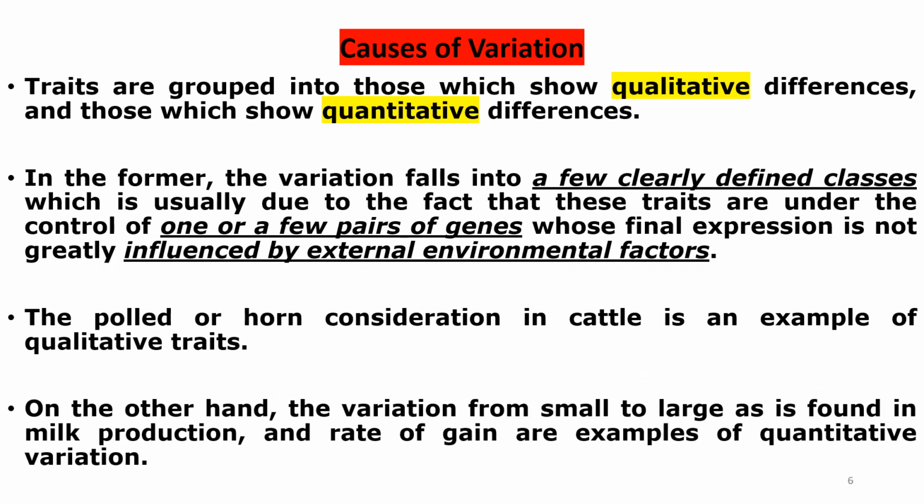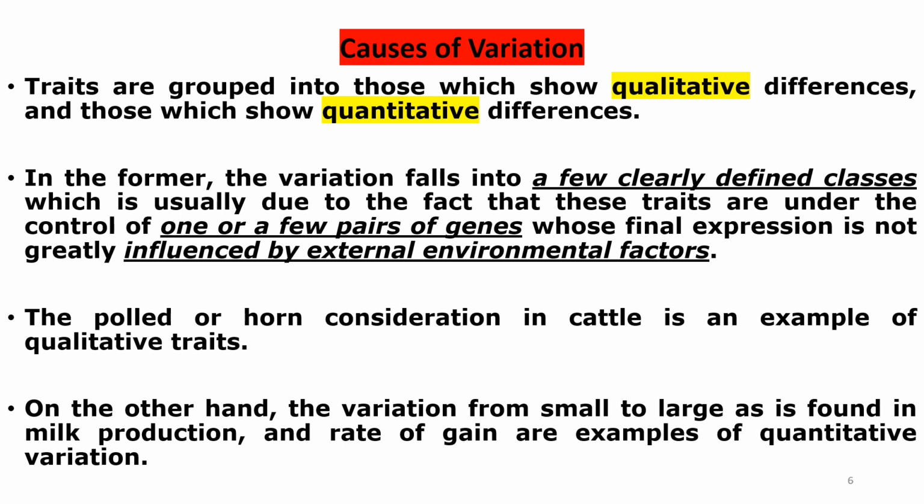On the other hand, variation from small to large, as is found in milk production or the rate of gain, are examples of quantitative variation. Different cows will produce different amounts of milk based on their genetic makeup.